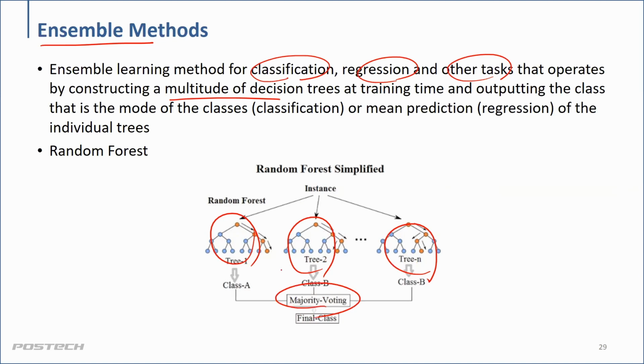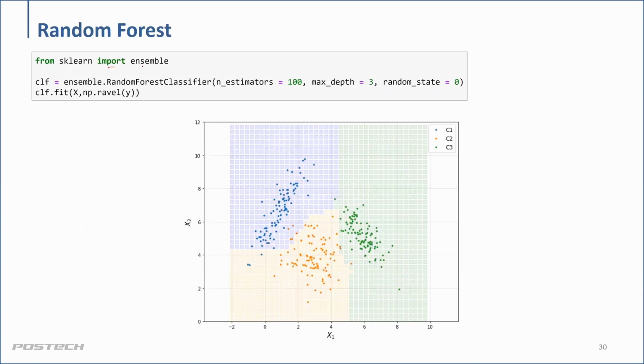The most common thing is majority voting, whatever, and we decide the final decision. That's an ensemble method in general. But more specifically for decision trees, if we do that, we call it random forest. So this is the ensemble version of the decision tree. How do you implement it? That's it. Random forest classifiers.